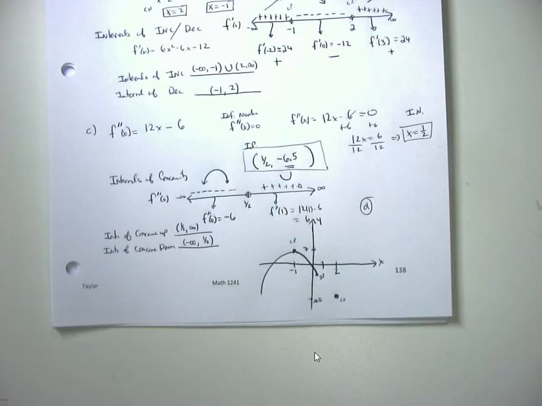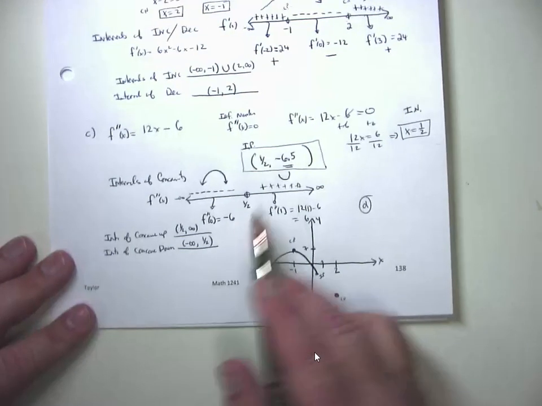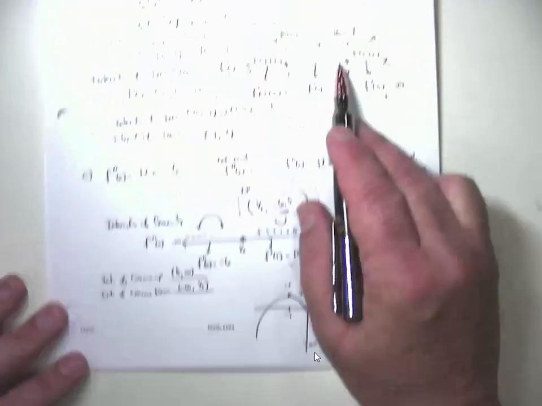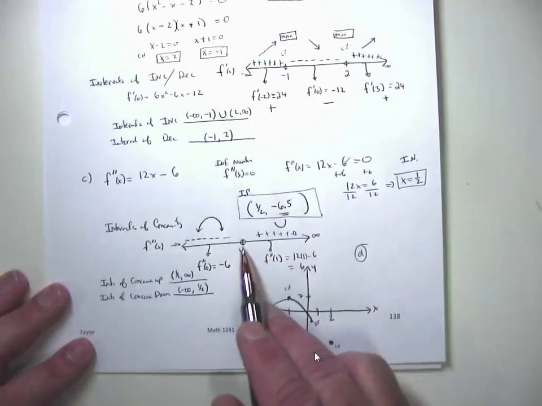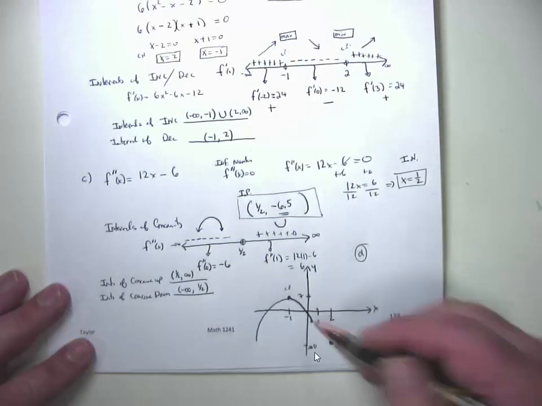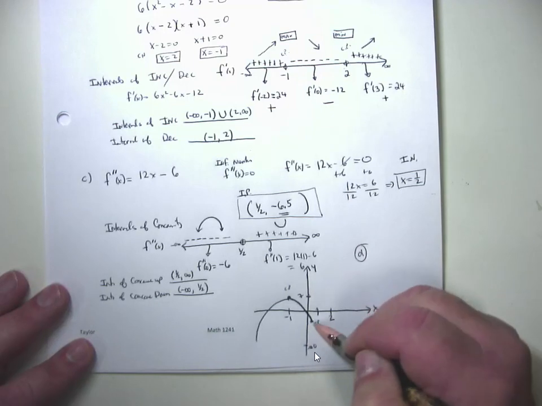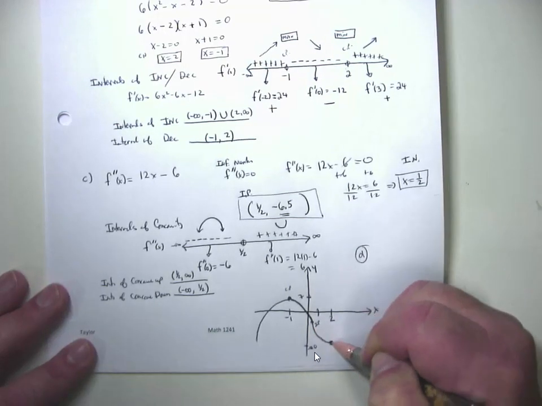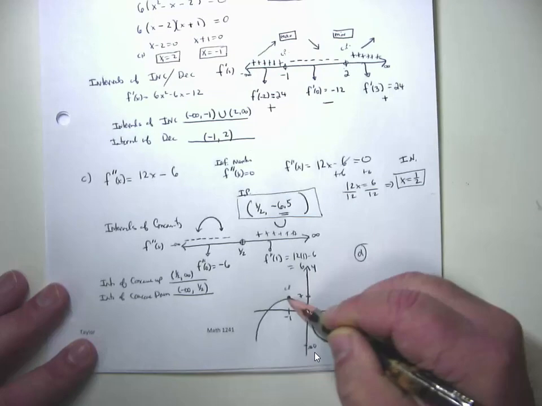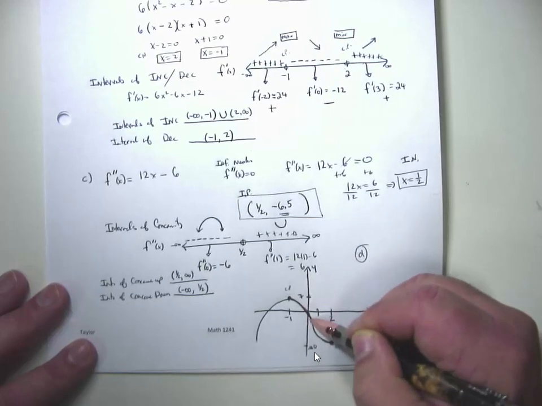Once I hit 1/2, now I got to continue to decrease, but I'm going to now be concave up. So all the way up to this point, I've got to continue to decrease, but be concave up, means I got to be bent upwards. So I'm concave down here, and now I'm concave up.